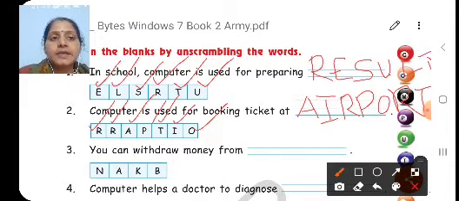Computer is used for booking ticket at airport. Now children, this is the second one. Now we'll do the third one.